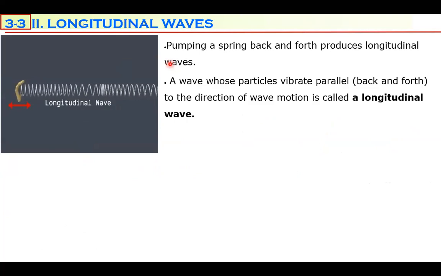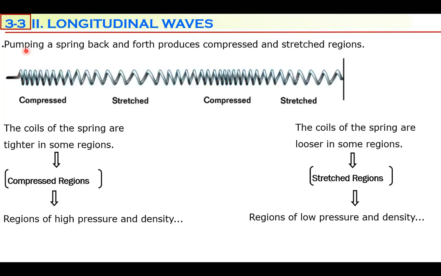Pumping a spring back and forth produces a longitudinal wave. A wave whose particles vibrate parallel, back and forth, to the direction of wave motion is called a longitudinal wave.